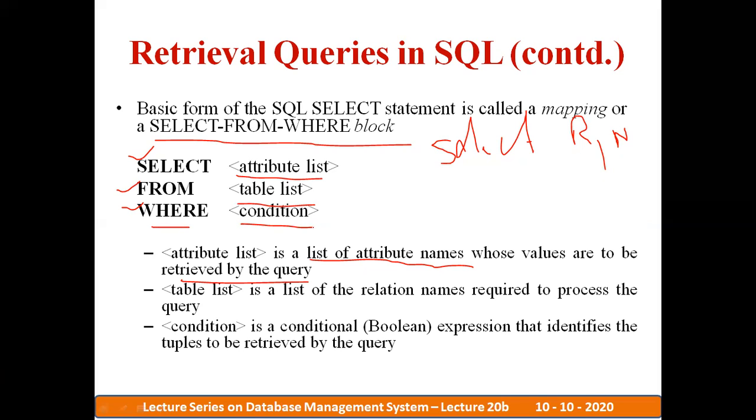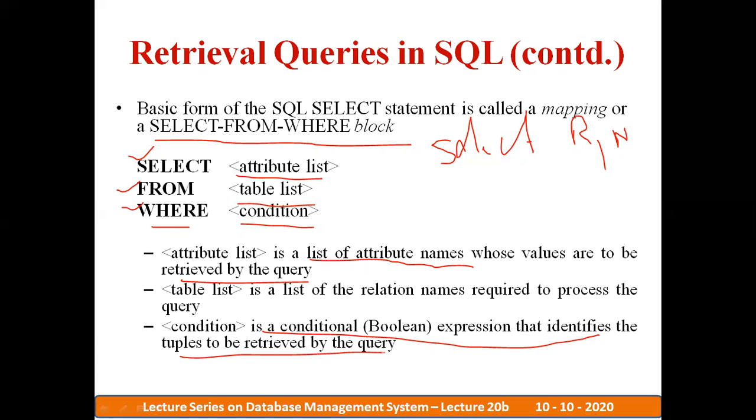After that, the where clause will take the condition. What does the condition indicate here? A condition is a conditional expression that identifies the tuples to be retrieved by the query. Depending on the satisfaction of the condition, we retrieve the values.